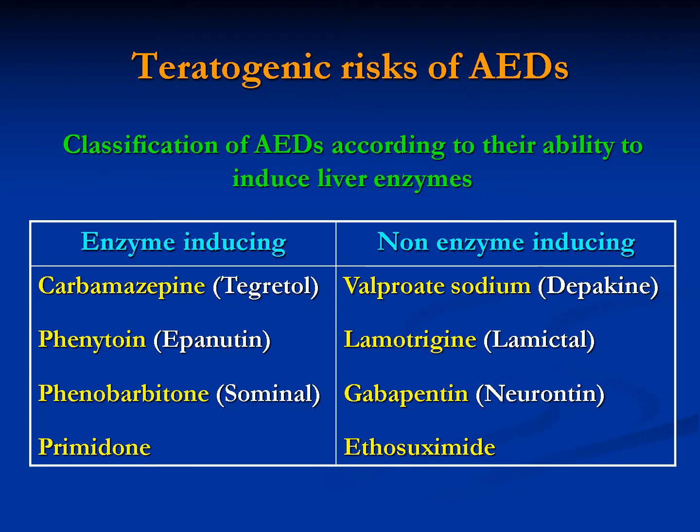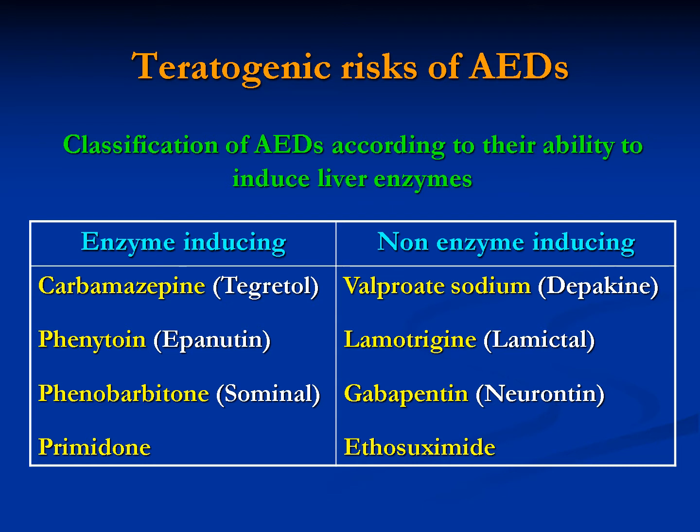What about the teratogenic risks of anti-epileptic treatment? We classify them according to their ability to induce liver enzymes. Enzyme inducers are like tegretol, phenytoin, and phenobarbital. Non-enzyme inducers are like sodium valproate, Epilim, lamotrigine, and gabapentin.